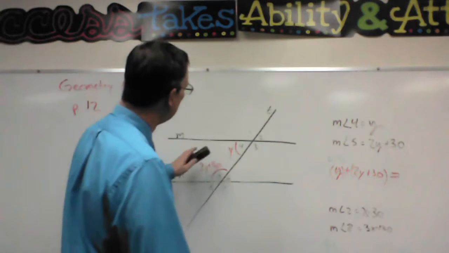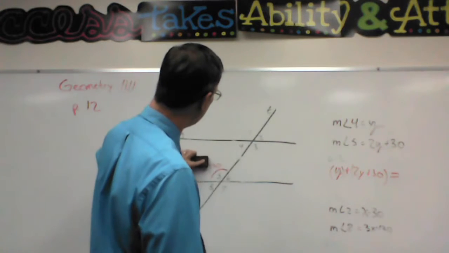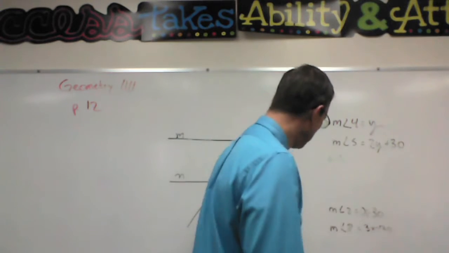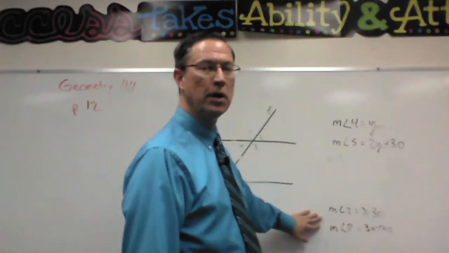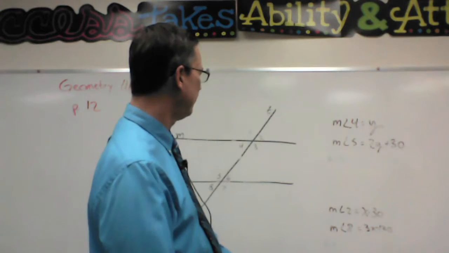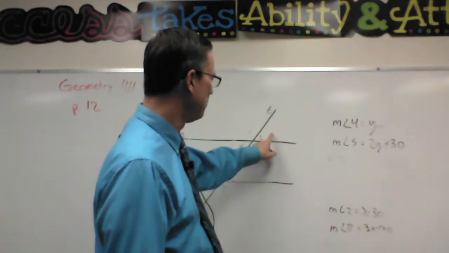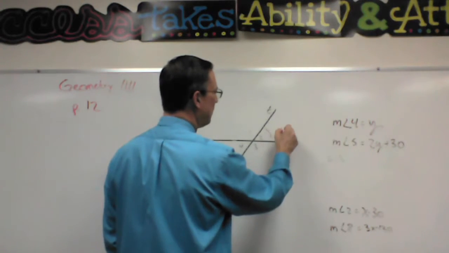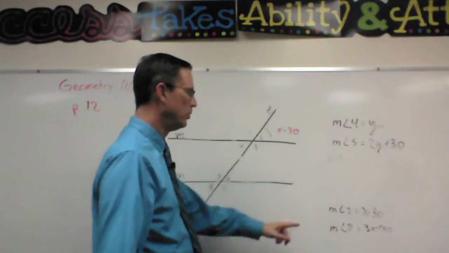Let me erase this, and let's talk about number 8, which is another equation where we're going to use a fact that we know. We have the measure of angle 2, so that's this one, represented by x minus 30.